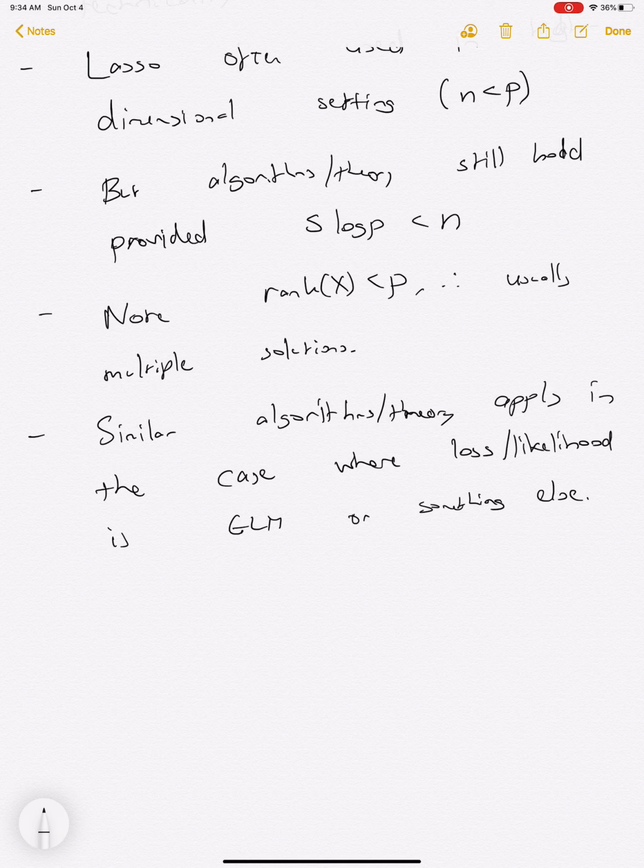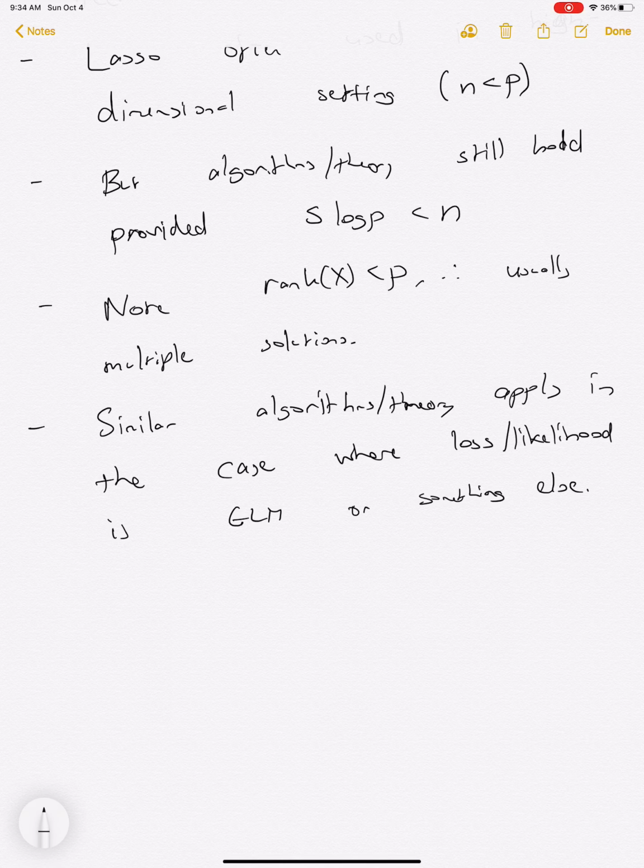So remember that our original regularization framework had just this notion of a loss function, or the negative log likelihood type of scenario, plus a lambda times the regularization term.